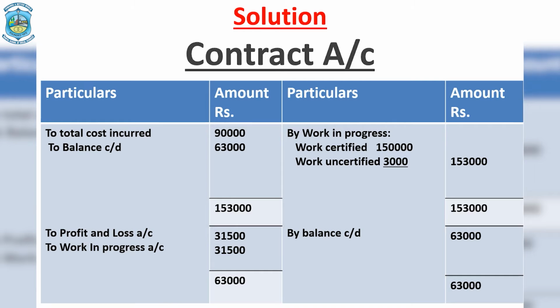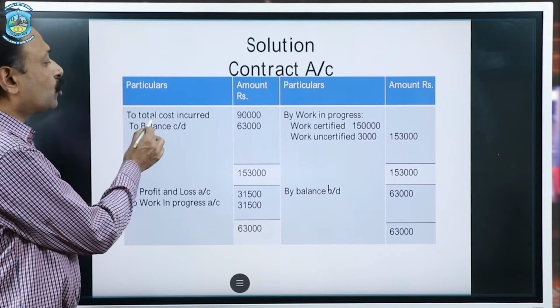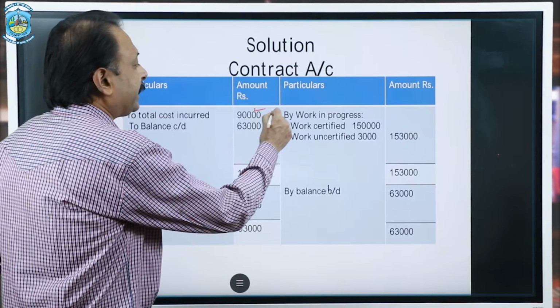This is the question. On the basis of this information, we are going to prepare the contract account. At the top of the format, we mention contract account, particulars, amount, debit side, credit side. The total expenditure incurred in this contract, given in the question, is 90,000. So, to total cost incurred, 90,000.